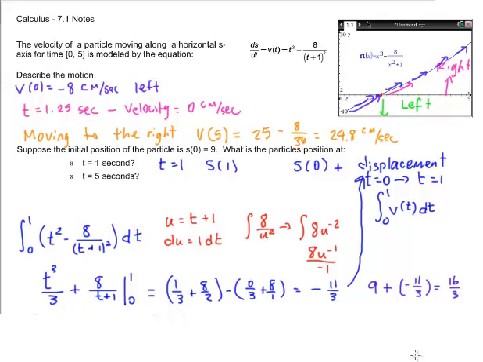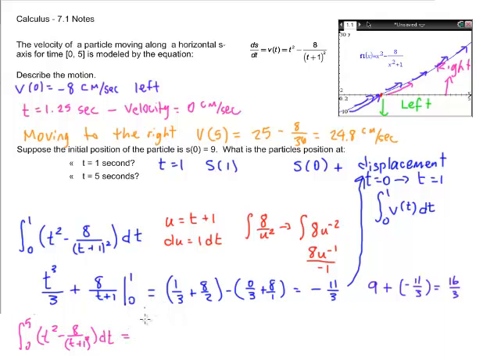Well, what about if we traveled for 5 seconds? What would we work? Well, we would work the integral then from 0 to 5 of t squared minus 8 over (t plus 1) squared dt.